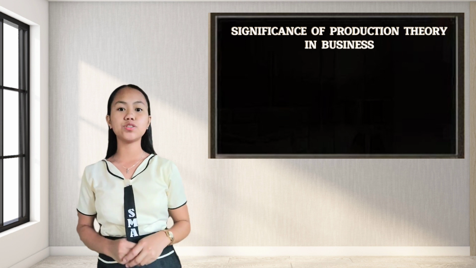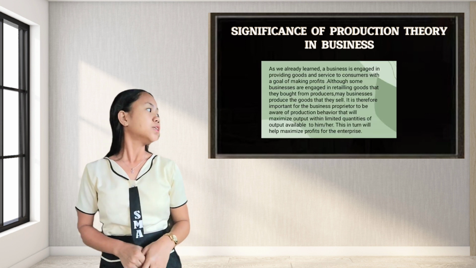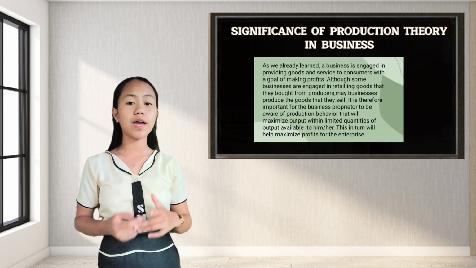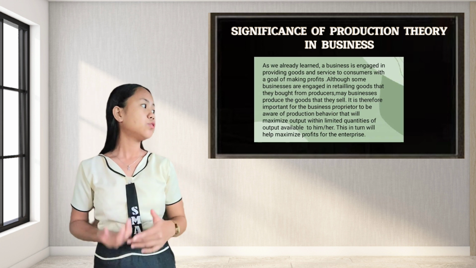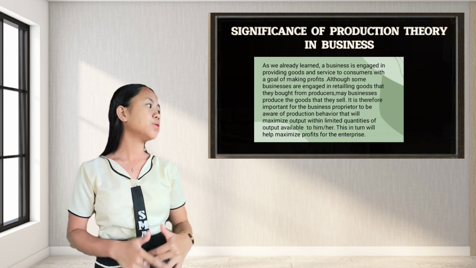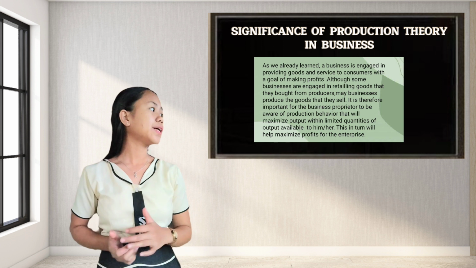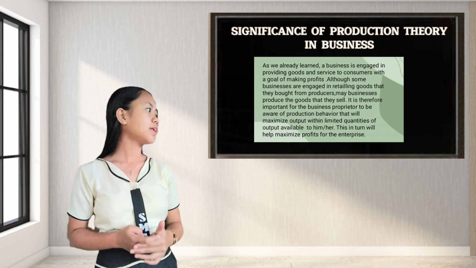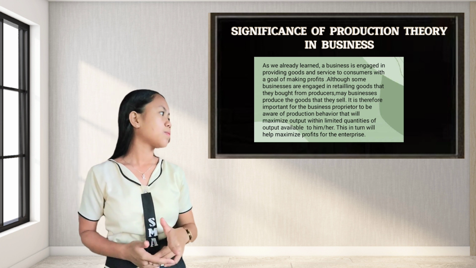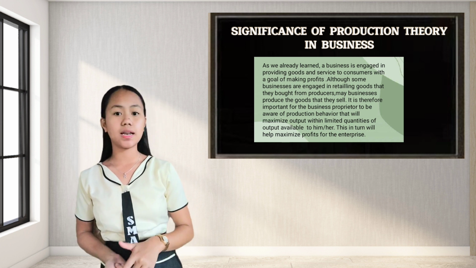Significance of production theory in business. So as we already learned, a business is engaged in providing goods and services to consumers with a goal of making profits. Although some businesses are engaged in retailing goods that they bought from producers, many businesses produce the goods that they sell.